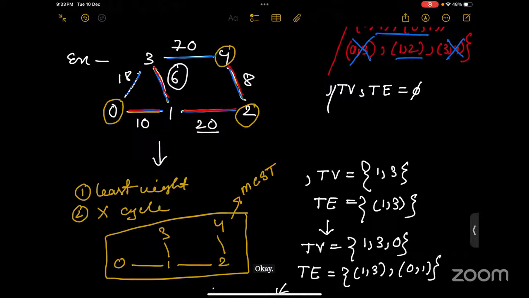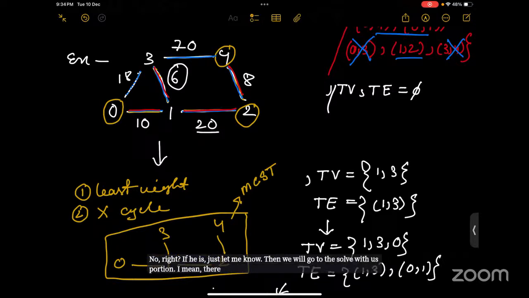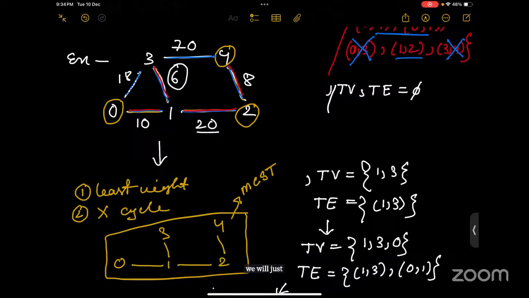Okay, any other doubt? No, right? If yes, just let me know. Then we will go to the solve-with-us portion. There are some selected problems. We will solve them so that we can recall all the methods together.